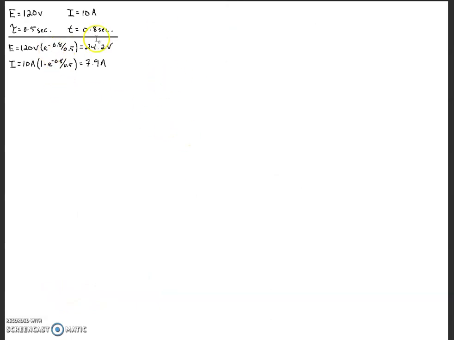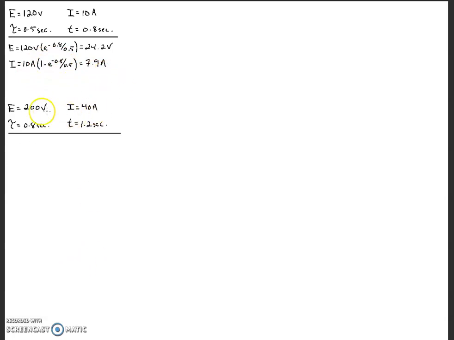The time we want to calculate for that has elapsed is 0.8 of a second, slightly past the first time constant. For the voltage, 120 volts times e to the ratio of the time to the tau gives us 24.2 volts. The current, 10 amps times 1 minus the ratio, gives us 7.9 amps.